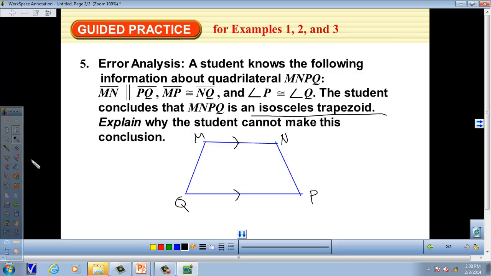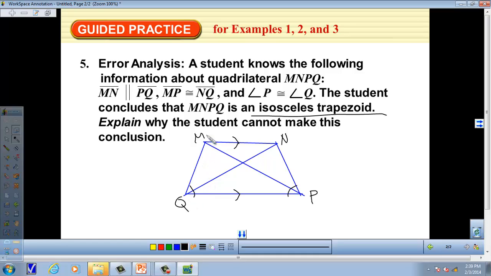MP is congruent to NQ, and P and Q are congruent. And it says definitely it's an isosceles trapezoid.